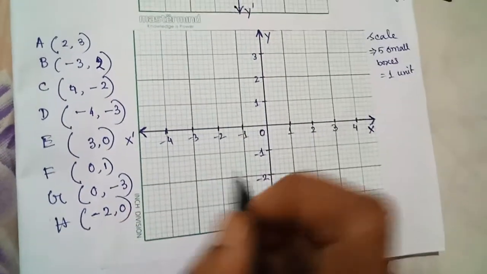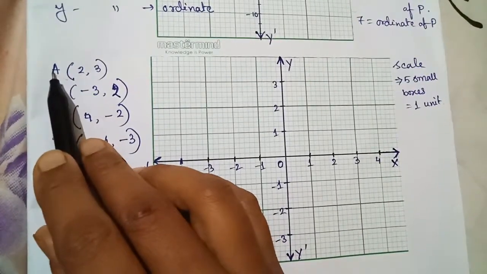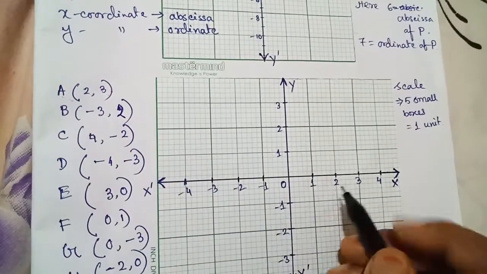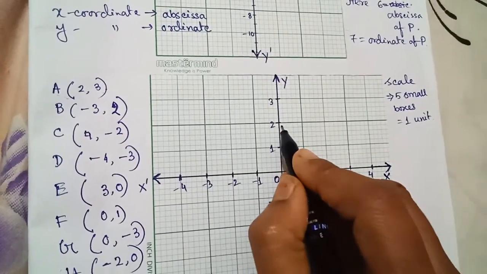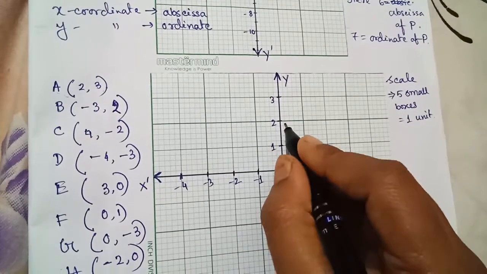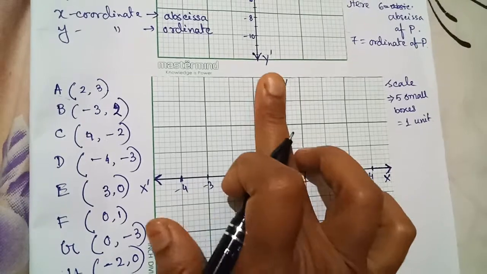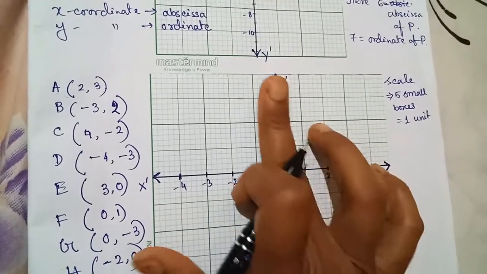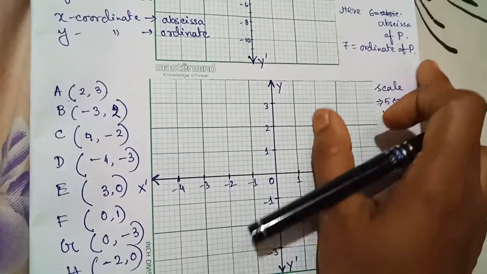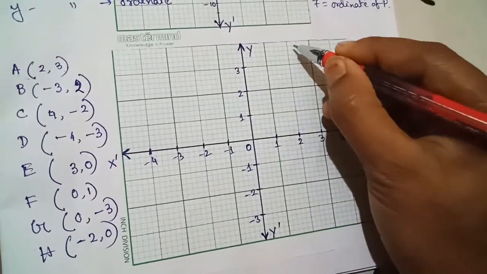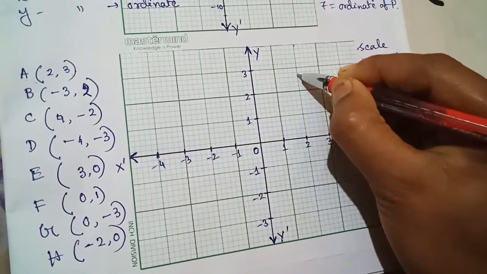Okay, now look, we have to plot 2 comma 3. You have already known that 2 comma 3, that means you have to first find out 2 means distance from origin or distance from y-axis. So from y-axis 2 is this line. Okay, I'm just drawing a very rough sketch.